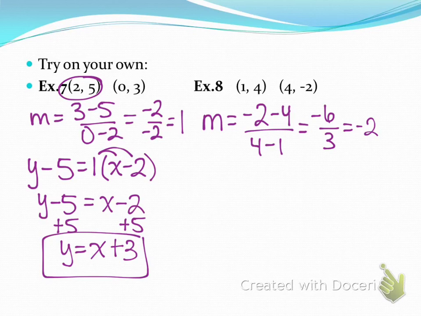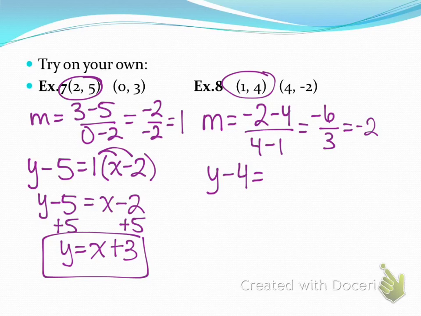We need point slope form. Connie, what would we get for point slope form? Alright, let's do it now. Which point do you want to work with? Okay, so for point slope form, we need y minus the y coordinate. What's the y coordinate? 4.